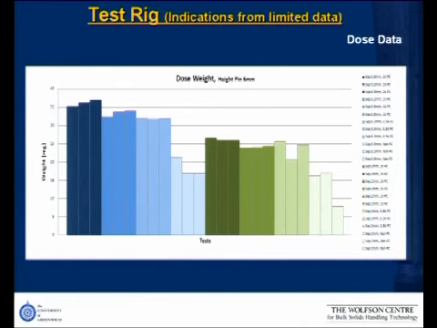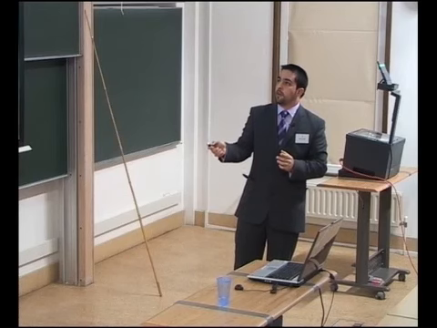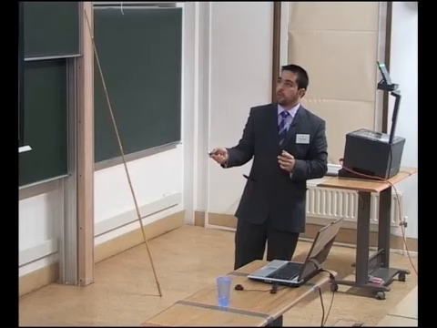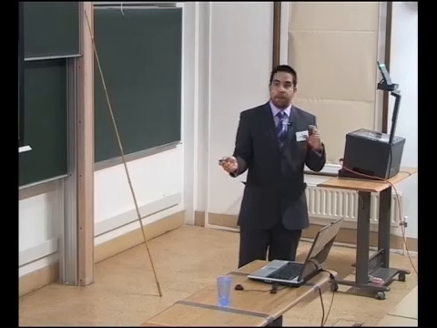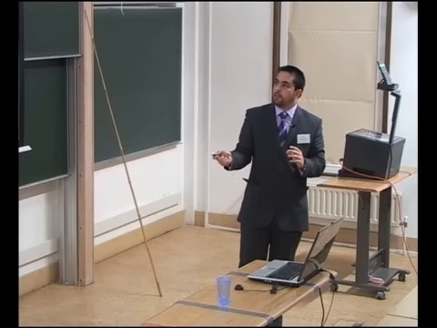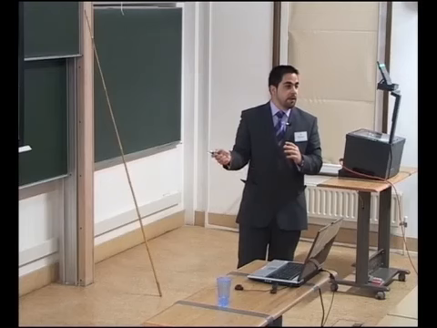We have weight on this axis and test on this axis. The blue ones are for different clearance. Here the clearance between the dosator and the bottom of the trough is quite close, and here there is quite a big gap. Here it is 0.3 millimeters and here it is 2 millimeters. So we get different dose weights.